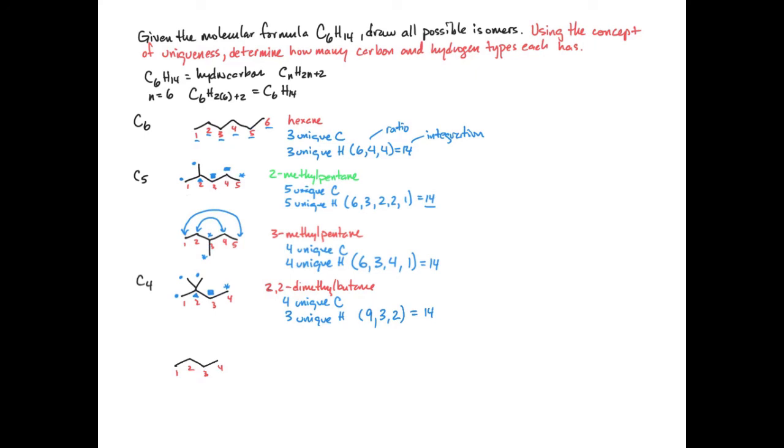Let's do that again. So we'll put one there. Then before we put the second one on position 2, now we'll put the second one on position 3. So what we've made now is 2,3-dimethylbutane.